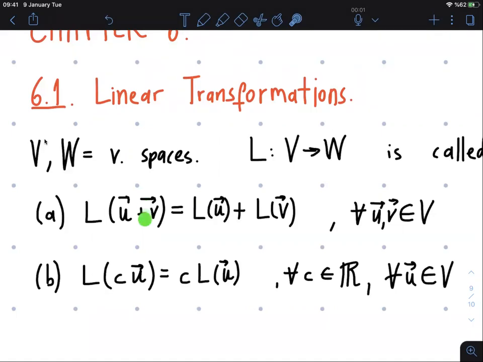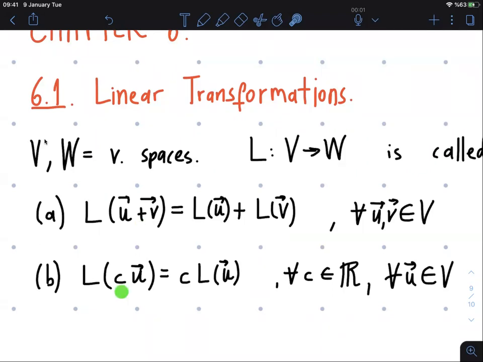This vector addition is the addition of vectors in the V space, and this addition is the vector addition in the W space, because these are elements of W, okay? Because L takes V to W. So these two additions can be different additions. For example, here V is, I don't know, vectors in R2, and W are maybe polynomials. So this addition is polynomial addition, and this addition is addition of vectors in the usual space. It can be that. So we have to be careful about these addition signs.